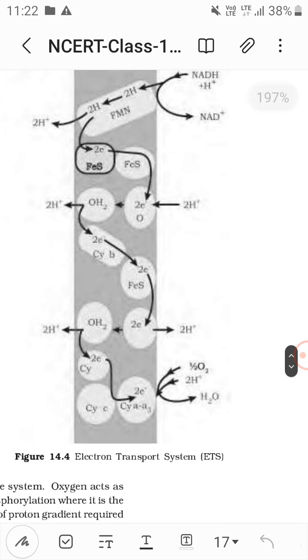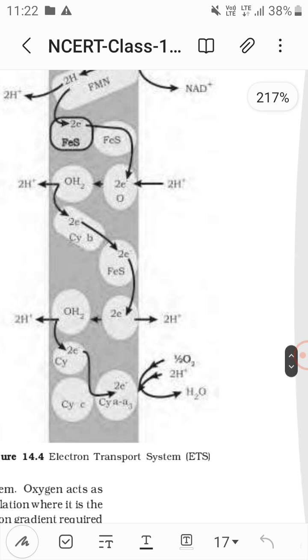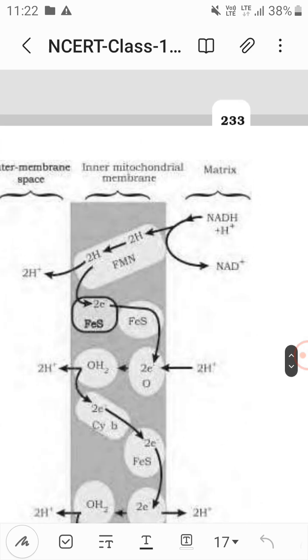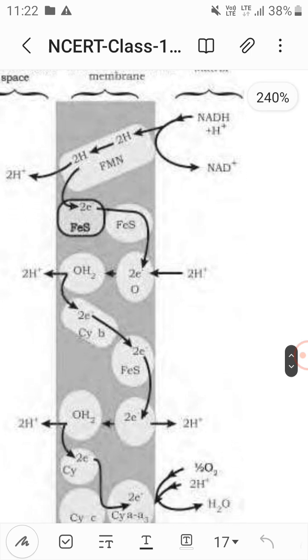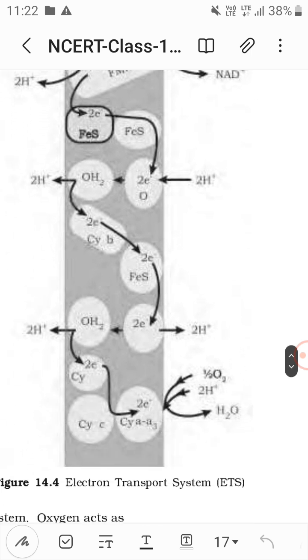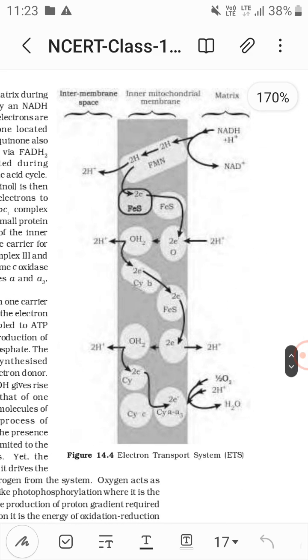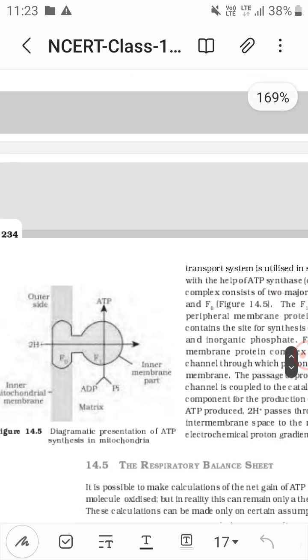It reduces oxygen, which is the final electron acceptor. So you see 2H is converted, then FMN, then FeS, then cytochrome b, FeS. So this is the electron transport system.